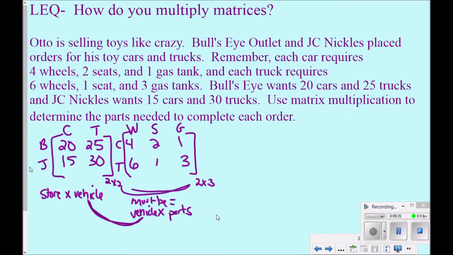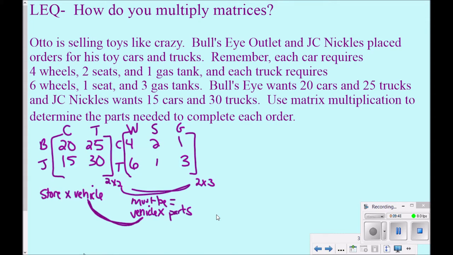Like I could have set this up opposite, maybe putting the cars and trucks here as my rows and the stores as my columns. I may need to adjust that if I'm finding it's not lining up correctly. Here I have the vehicle matching with the vehicle, so I know that we have it lined up correctly. Again, if you don't have the same information here, you're going to have to adjust it and move things around until you get it right.